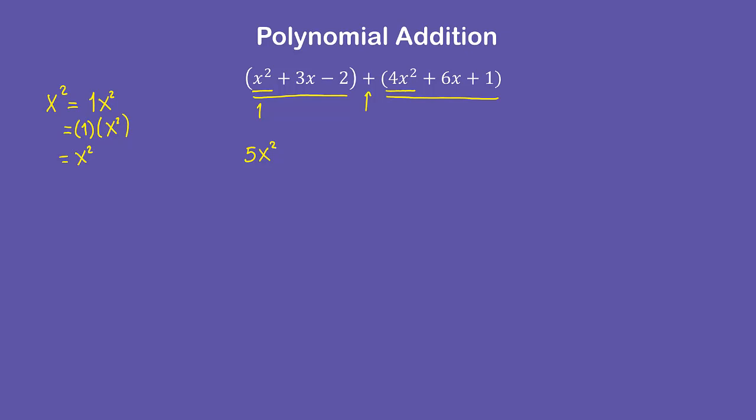It's like saying 1 apple plus 4 apples gives us 5, but there are still apples. Okay? Now let's go with the next common term. We have positive 3x and positive 6x. They have the same variable, the x. So that means that we can add them. We add the coefficients. 3 plus 6, that gives us 9x.